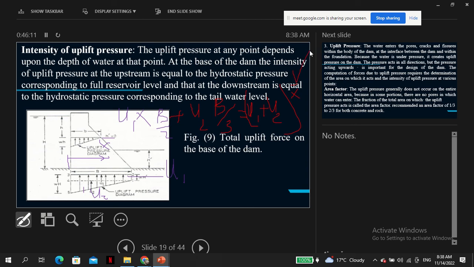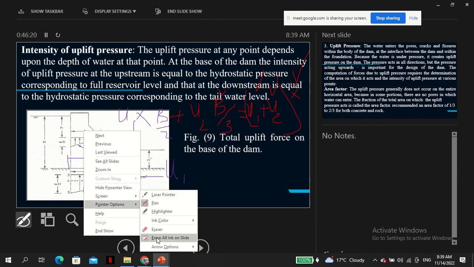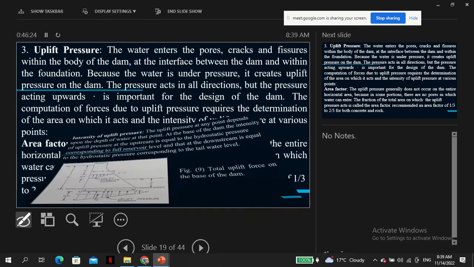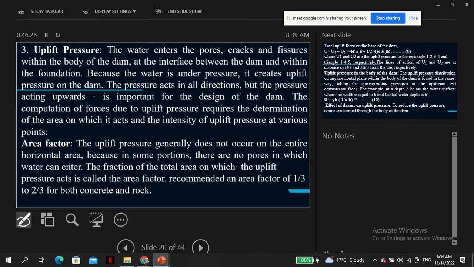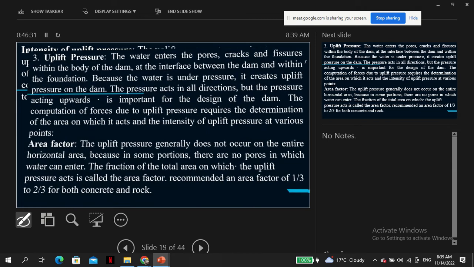The only thing you don't know there is x bar. You know U1, U2, all these things. So that's the point. This is the same idea as with the earth dam. So that's how to calculate the uplift pressure.